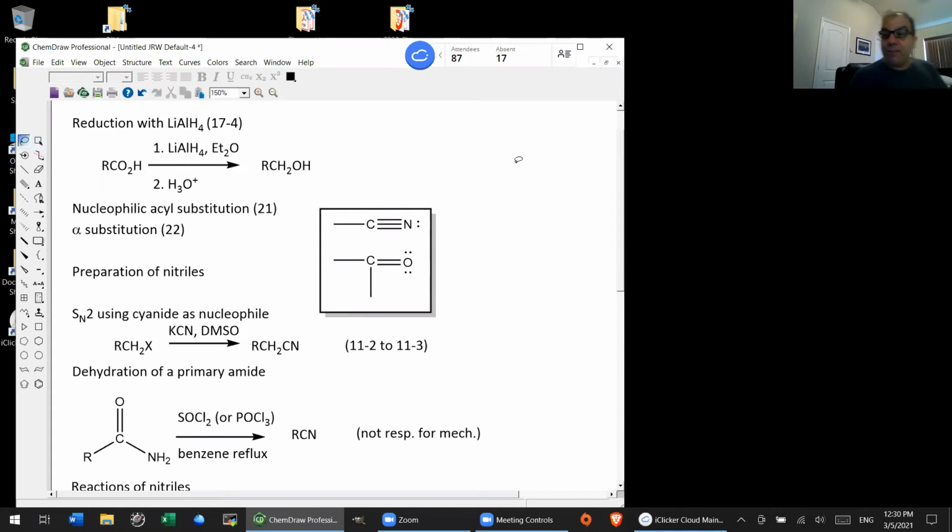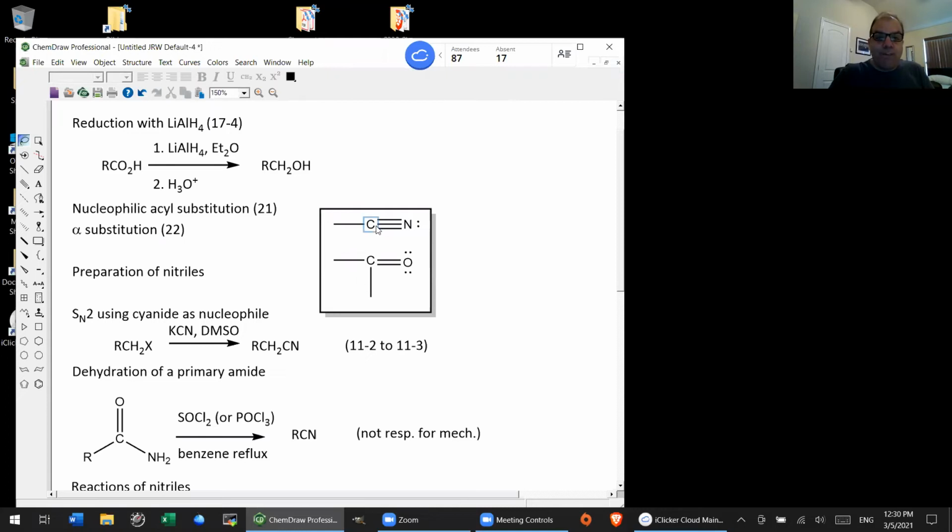And I think this is part of the reason why they're mentioning nitriles in the chapter with carboxylic acids, which are a carbonyl compound. Carbonyl compounds and nitriles are very similar in terms of reactivity.